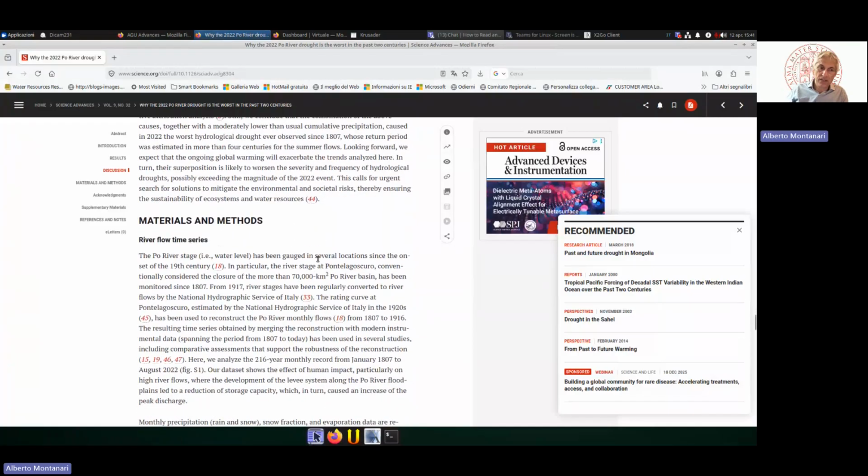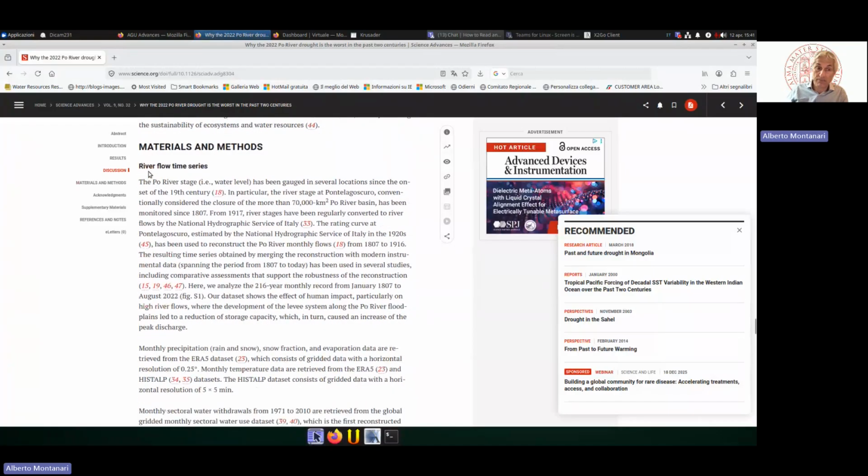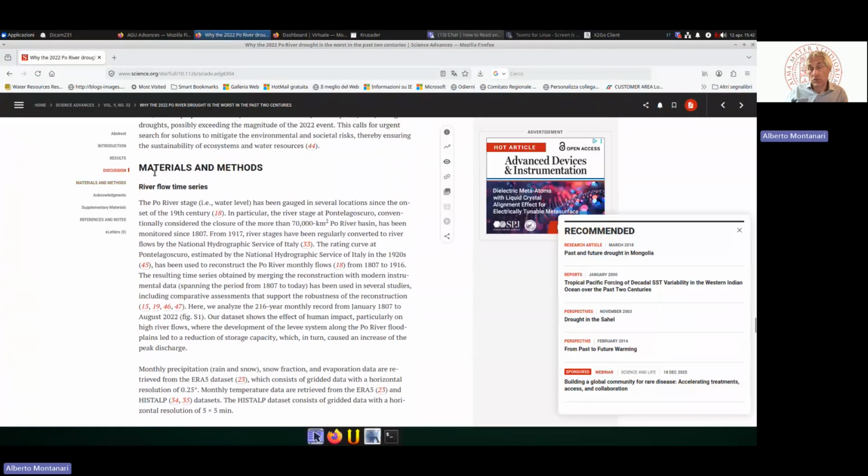You see that here there are the materials and methods. I already anticipated to you, this is the format of these journals. They want the presentation of the results soon because they want to keep the attention of the reader, and then the presentation of materials and methods follows later. So they assume that the interested reader will then continue.